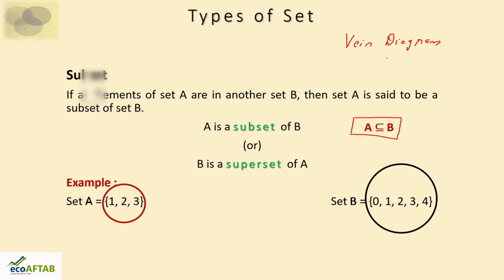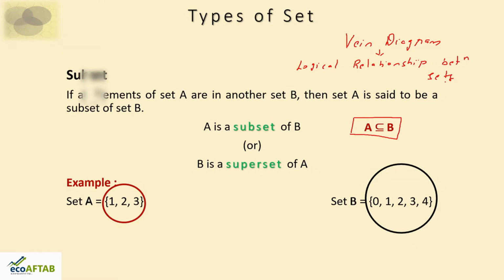So a Venn diagram shows the relationship between the sets. What type of relationship? Logical relationship between the various sets.